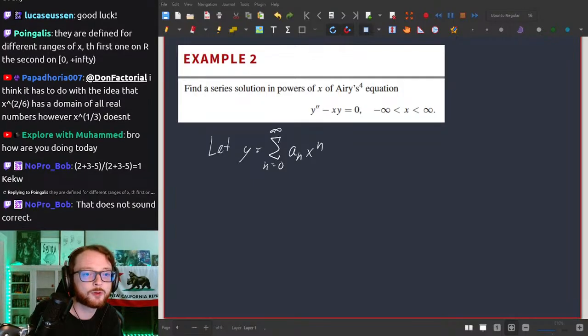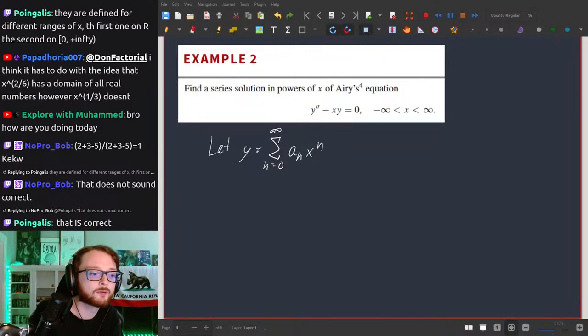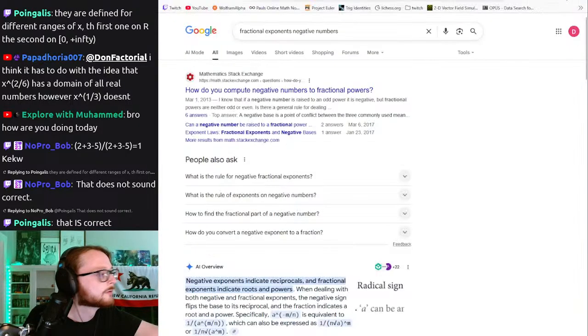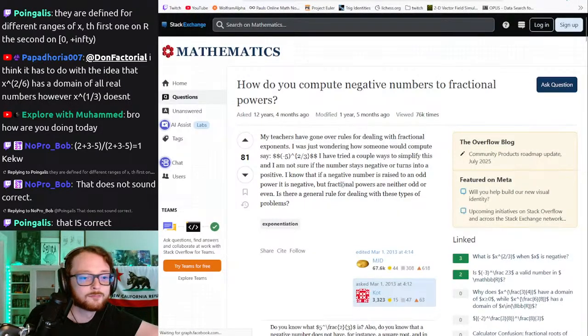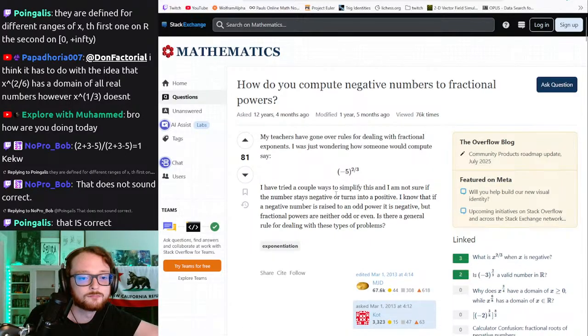Fractional exponents, negative numbers. You do raise an interesting point there, Papadori, with saying that 1/3 is equal to 2 over 6.